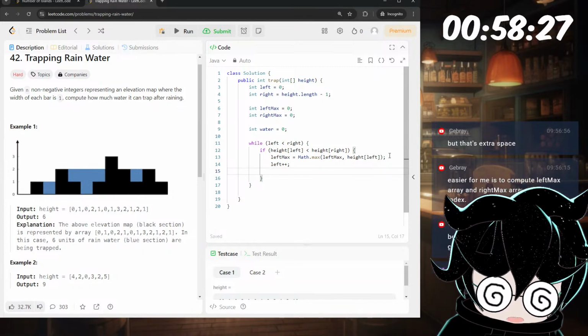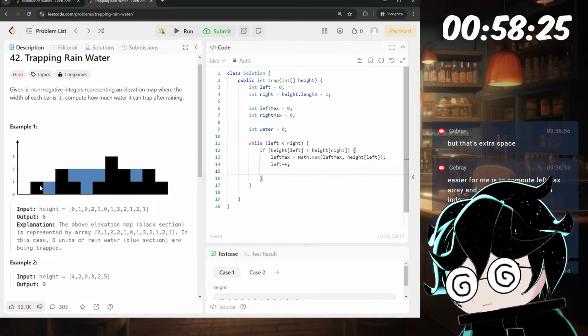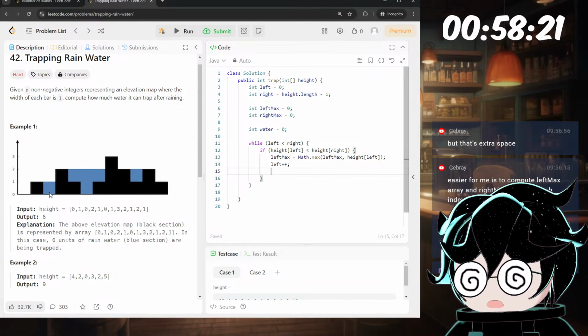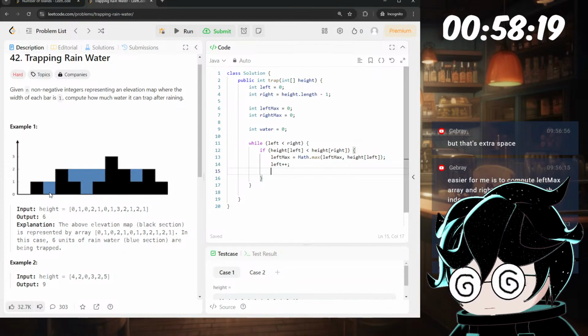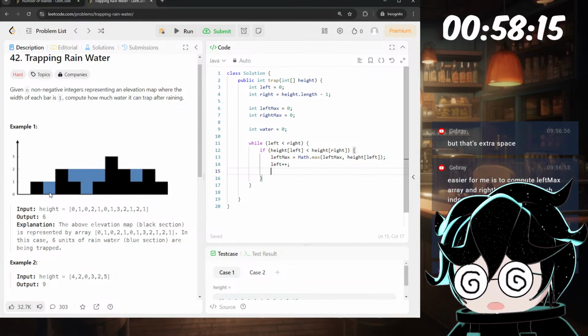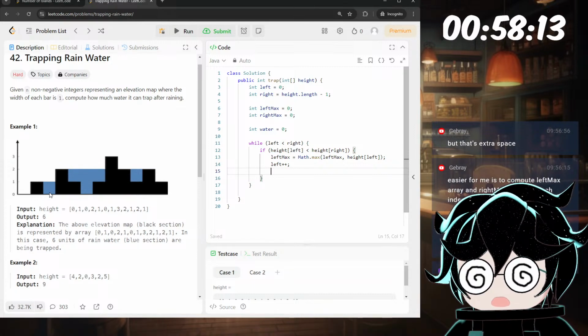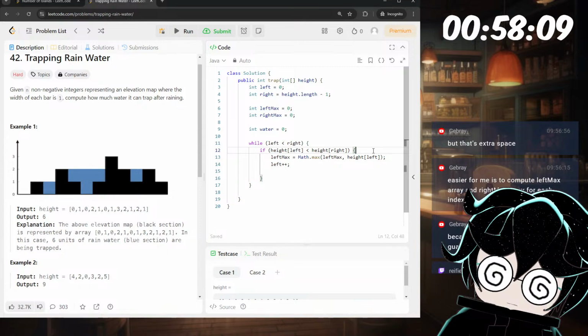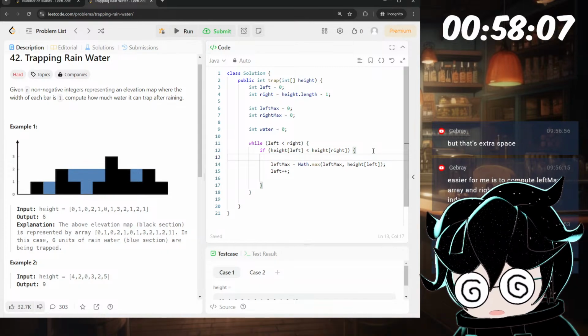Is that the right decision? What if we're over here now? Or what if we're over here? The water level is 0. I mean, the ground level is 0. Left max should be 1 now. Should we calculate the water level first?